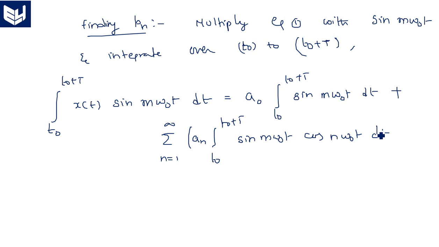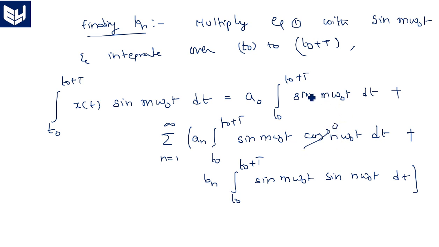This is the first one, and the second function is plus bn integral t naught to t naught plus capital T sin m omega naught t sin n omega naught t dt. Okay, as these two are orthogonal functions, this goes to 0, and again the integration over a complete cycle for sine or cosine goes to 0. So it is left with bn and this one.